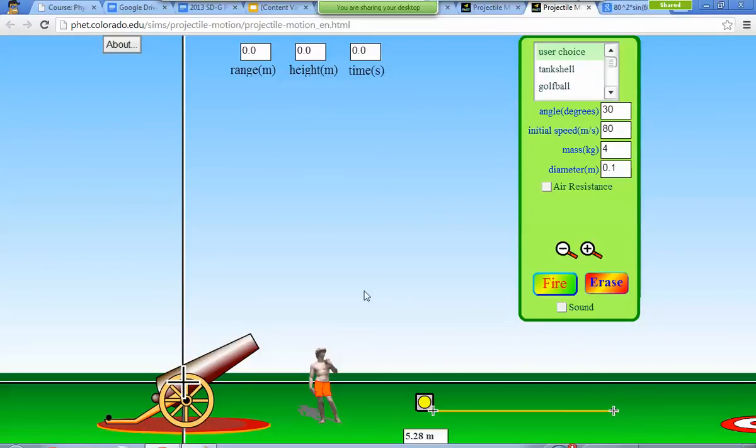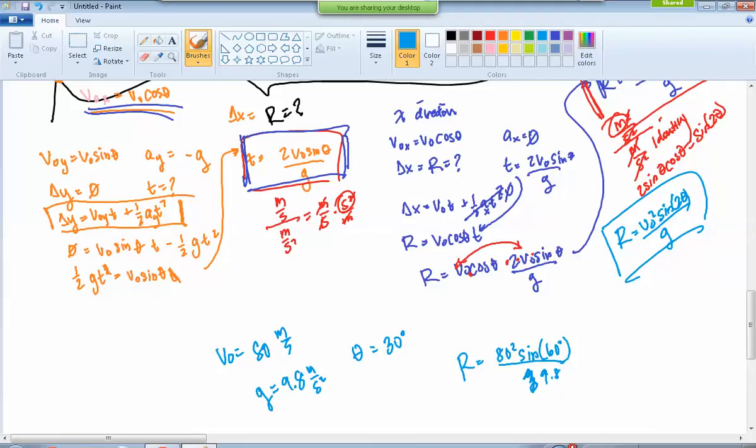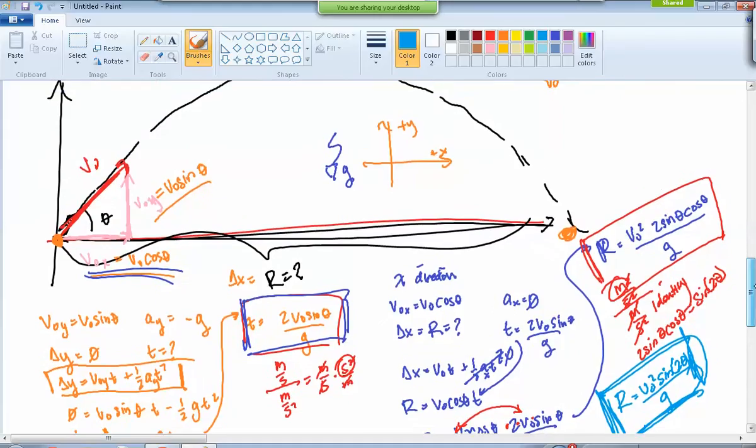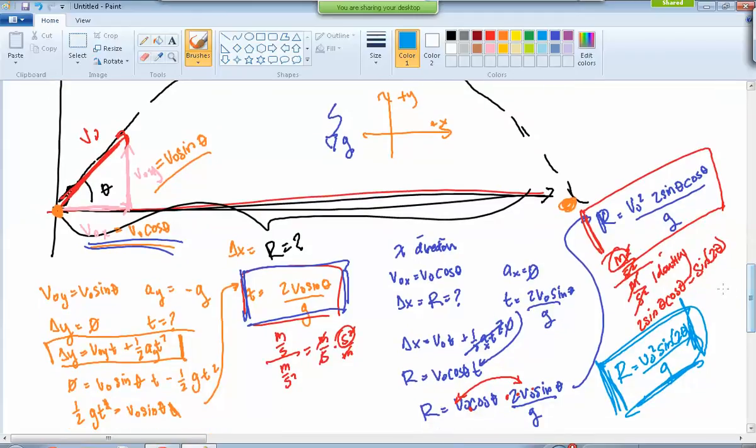And this is why I'm saying don't memorize the range equation. It's a very common one that we show you. However, it only works for the scenario that delta y is equal to 0, where your projectile lands at the exact same height as it starts.